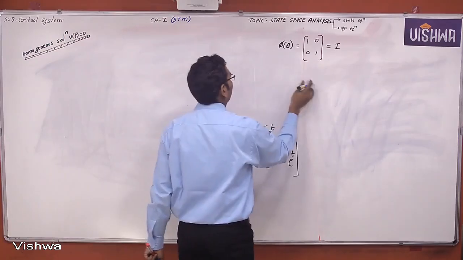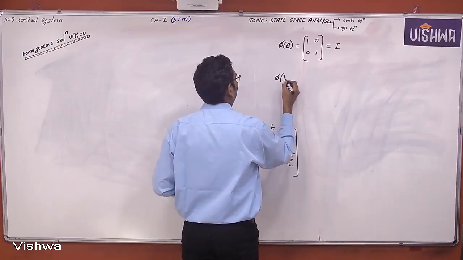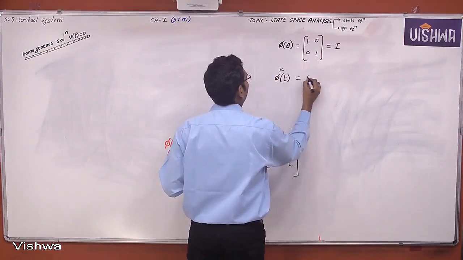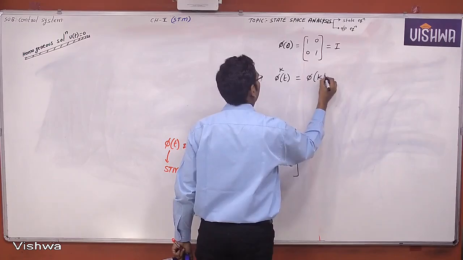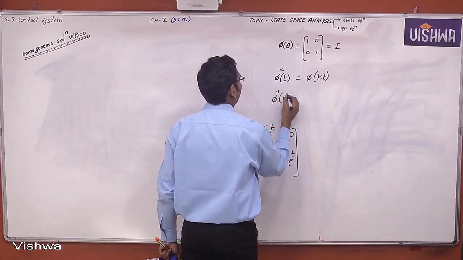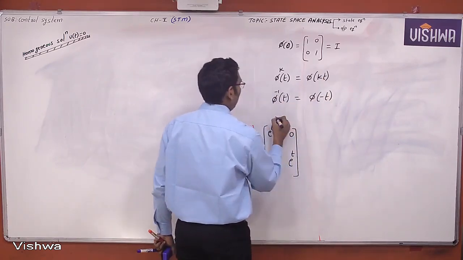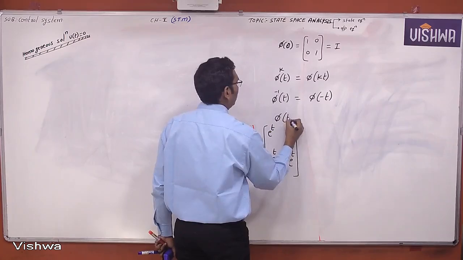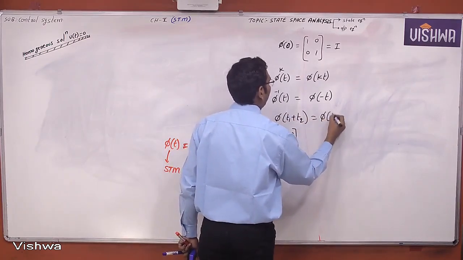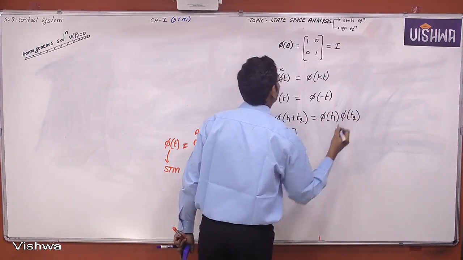Next, phi of t whole power k we can write as phi of kt. Phi power minus 1 of t is phi of minus t, and phi of t1 plus t2 we can write as phi of t1 into phi of t2.